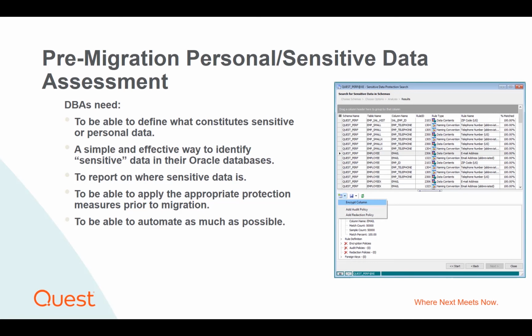So if you have particular things that you store that are personally identifiable information, you can create your own rules and add them in to be scanned for. That gives you the ability to then address some of these issues by adding redaction policies if need be, or at least documenting what it is that you might want to do something about before you migrate that to the target. Okay.